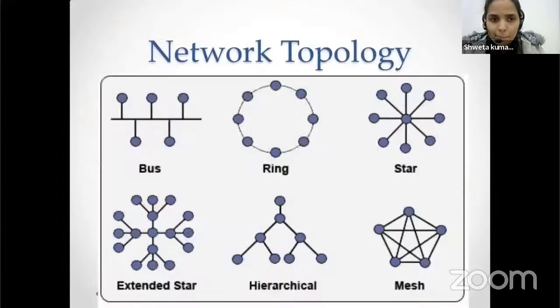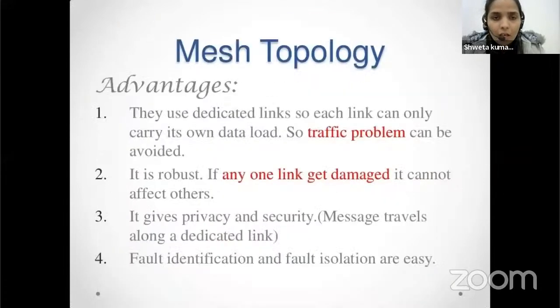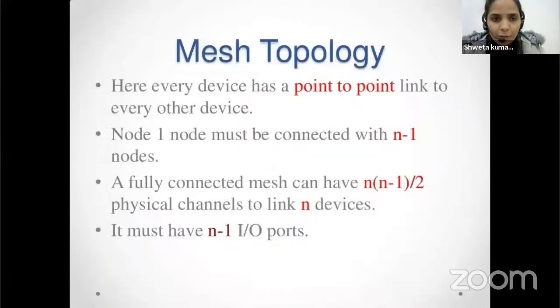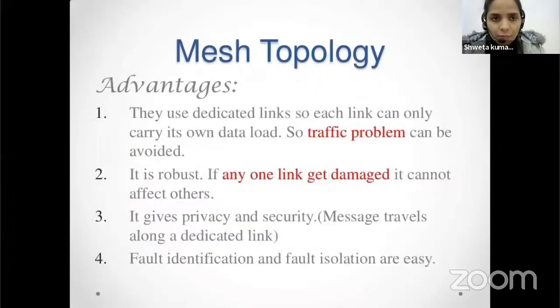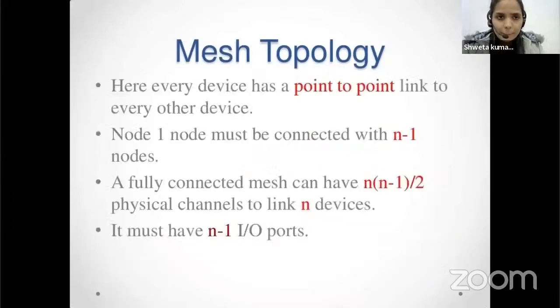Let's see more details about mesh topology, because I think there was some glitch, so I couldn't explain it properly. Here, in mesh topology, every device has a point-to-point link to every other device. Each node must be connected with n-1 nodes.